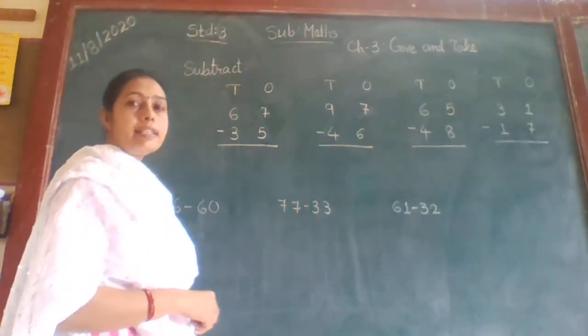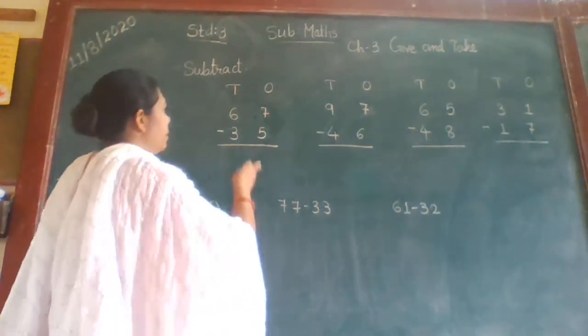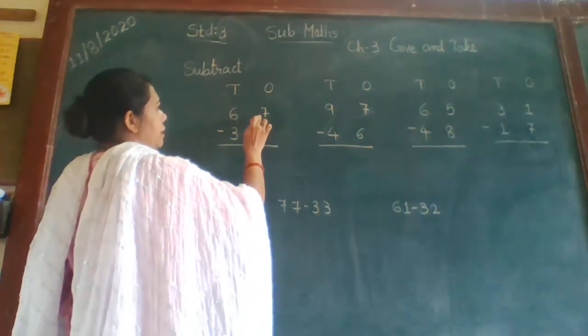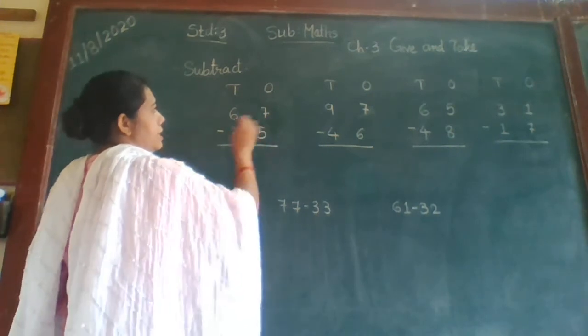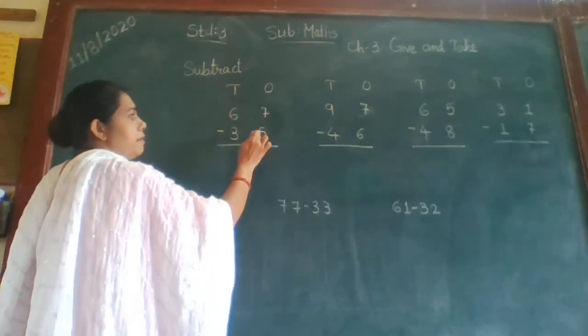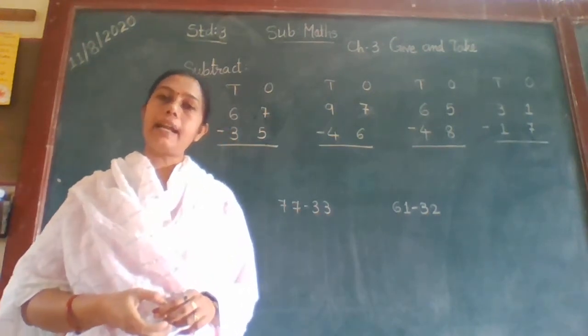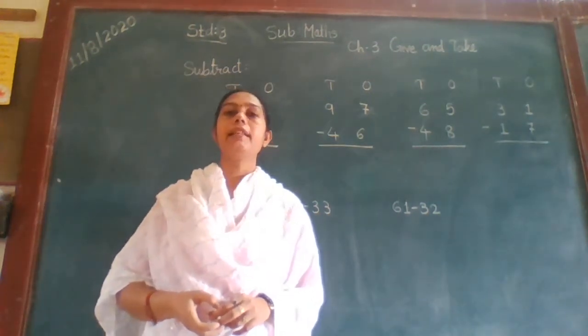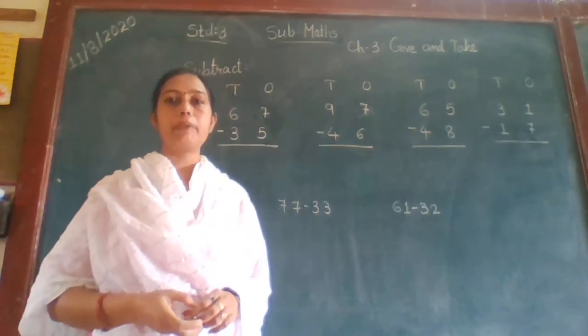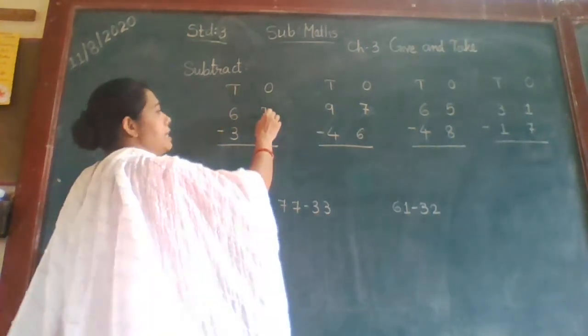In second standard you have done this: we always start subtraction from the ones place. As we start addition from the ones place, in the same way we have to start subtraction from the ones place.